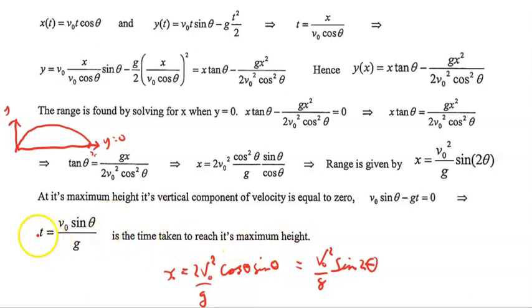So it'll reach its maximum height at t equals v0, the initial speed, times the sine of the angle, over g. If your calculator's in radian mode, that's fine. If your calculator's in degree mode, make sure you've got the right units for your problem. That's it really. Job done.